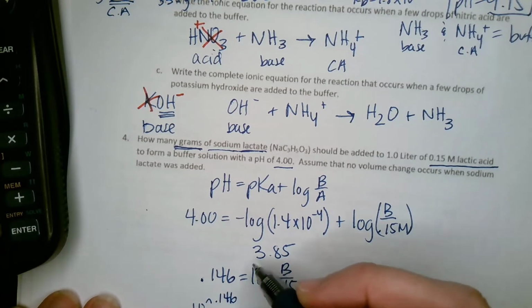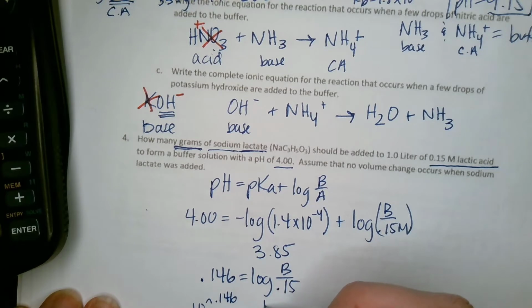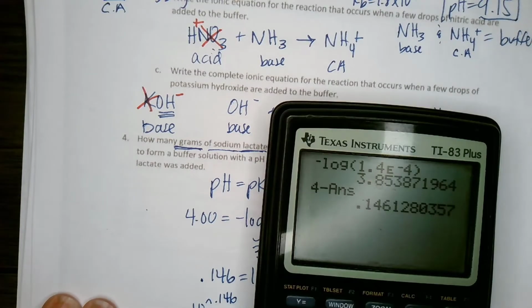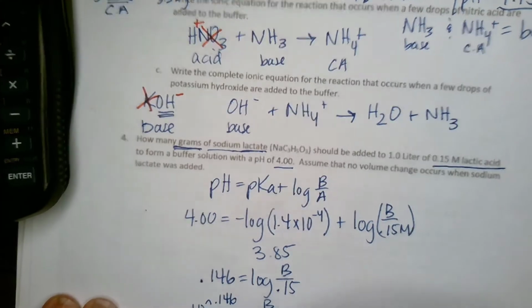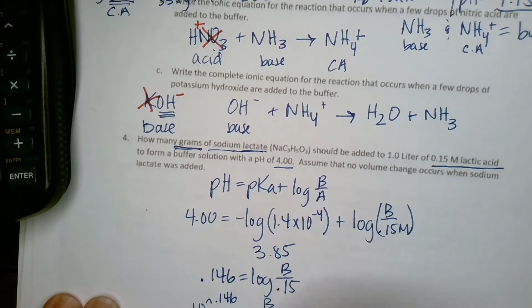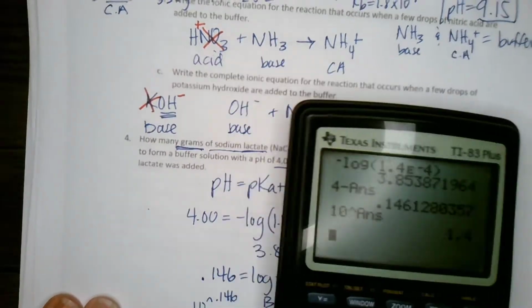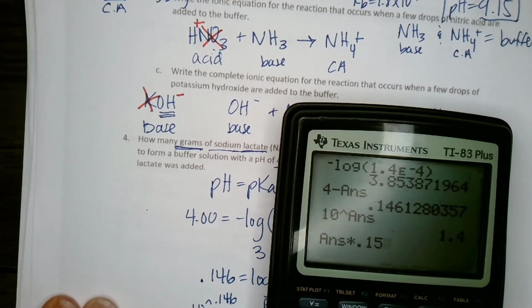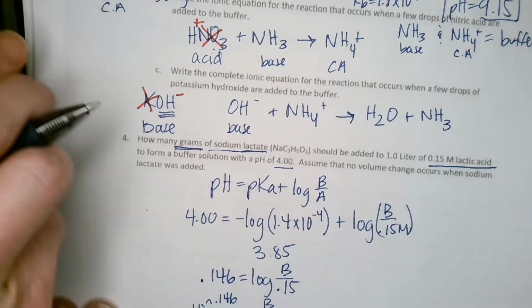So 10 to the 0.146 will be equal to base over 0.15. Plugging that in, we get 1.4. So 1.4 is equal to base over 0.15. Now we just need to multiply these two together to get B. So B is equal to 1.4 times 0.15. We get 0.21 molar.